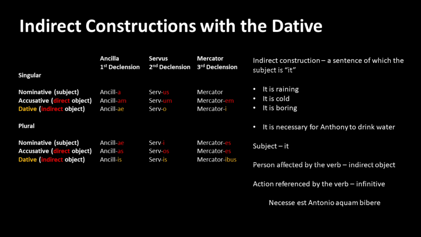If you look at the table on the left, hunt for anything ending in O, and you'll find a singular dative in the second declension. Antonius is a second declension, so necessa est Antonio aquam bibere. It is necessary for Anthony to drink water.